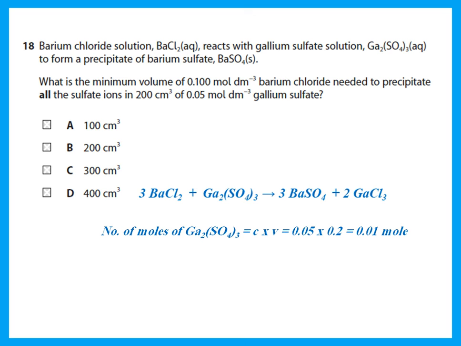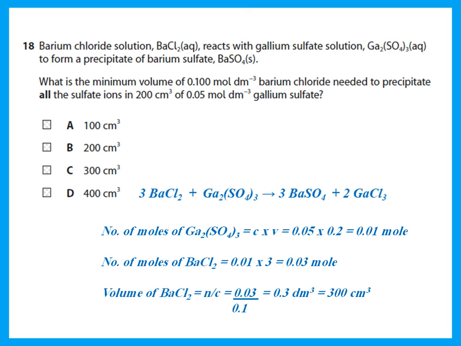This is concentration times volume. Again, remember the volume has to be divided by 1,000 to change it to decimeter cubed. And that means we have 0.01 mole of gallium sulfate. Then we look at the equation and we relate it to the barium chloride. So from the equation, the number of moles of barium chloride should be 3 times the number of moles of gallium sulfate.